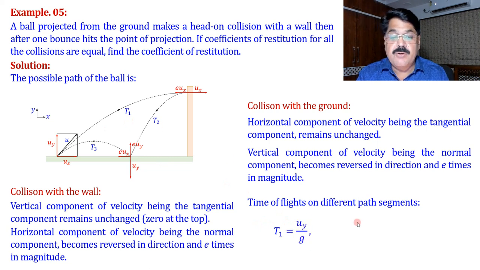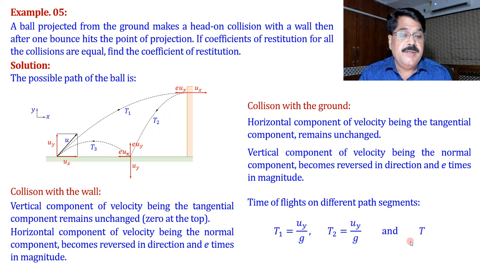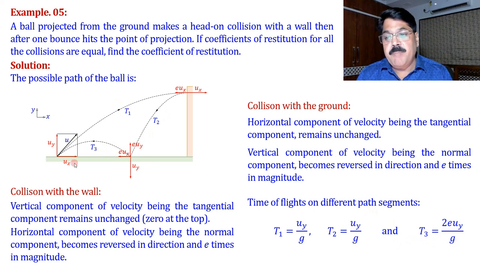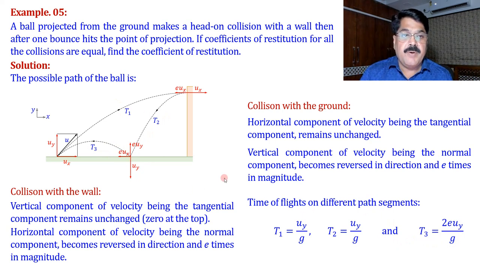And T2 is also uy by g, because the initial and final vertical velocities are equal. So T1 and T2 are equal. But what about T3? That will be 2euy by g. So the time of flight for the entire projectile path is twice the vertical component of velocity upon g.